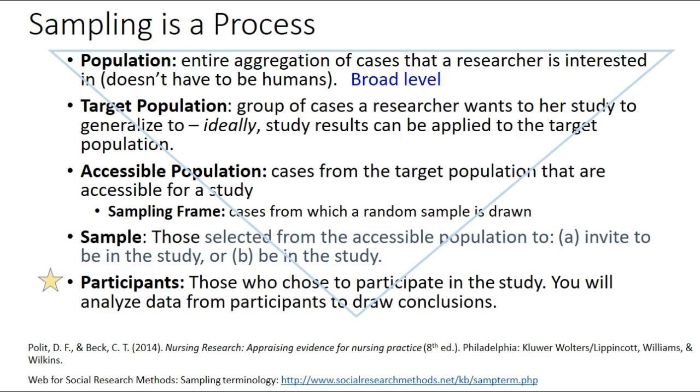So if you're using random sampling methods, you need to have all of those cases in a list such that you can use a random sampling strategy to say who you will invite to be in your study, or who will be in your study, depending on which is more appropriate.